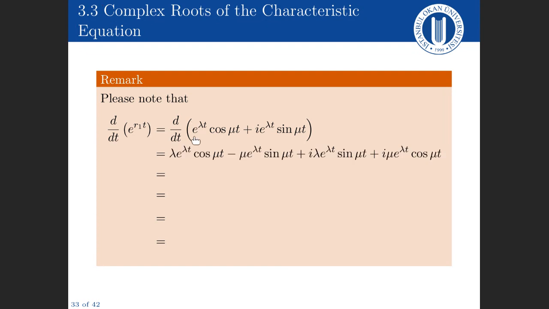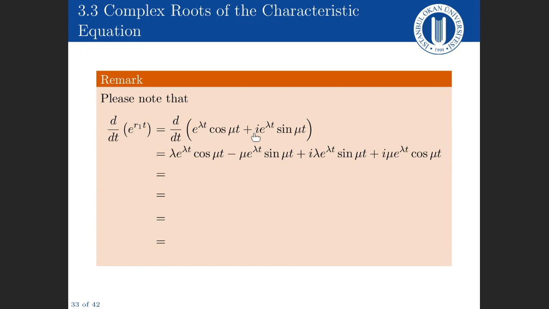First, if we differentiate the first e to the lambda t, we get lambda e to the lambda t, then multiplied by cos mu t. Then I want to differentiate cos mu t, get minus mu sine mu t, and then do the same for the second function.